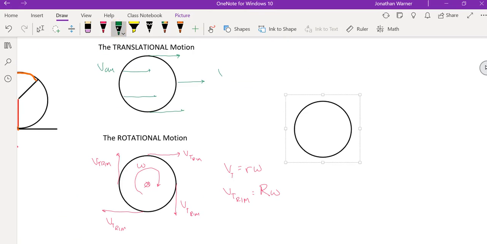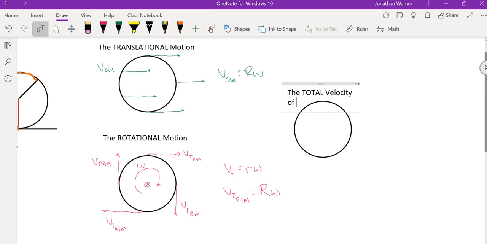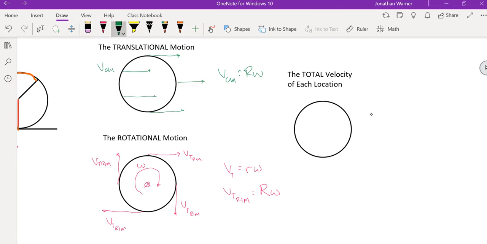Since V_CM is r omega, and V_T rim is r omega, we can say the total velocity of each location, and I don't mean every, but some at least, we find by adding the V_CM vectors and the tangential velocity vectors.